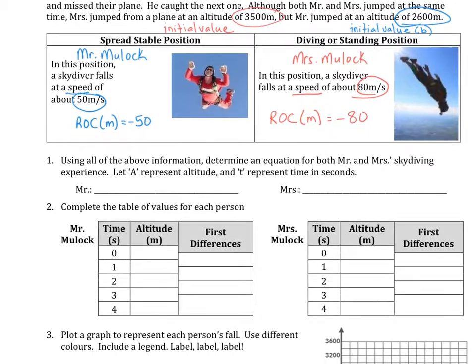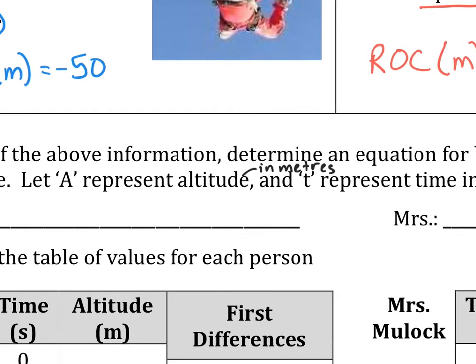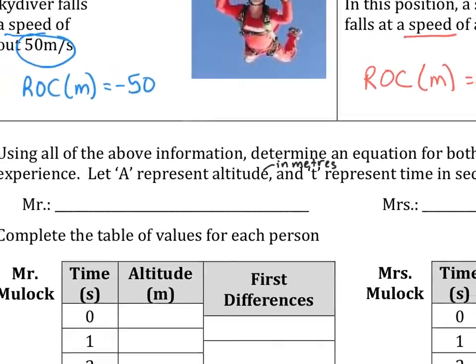Now, to make an equation for each of them, A is representing the altitude, t is representing the time in seconds. What we probably should have written here is the altitude in meters, because your let statements should have the variable and the units.